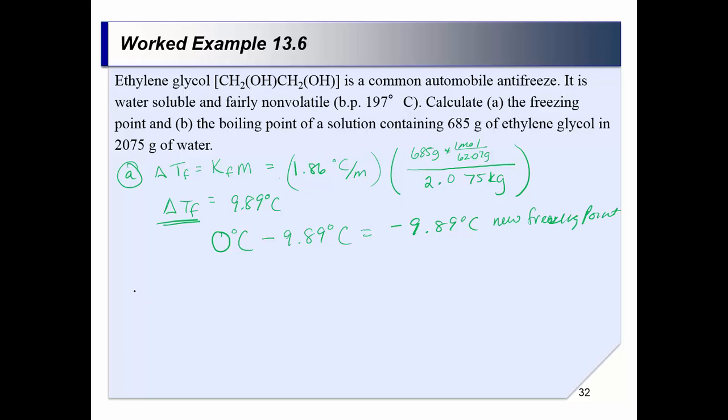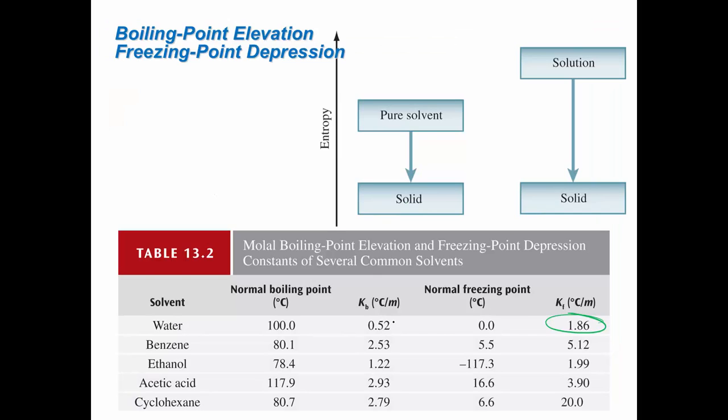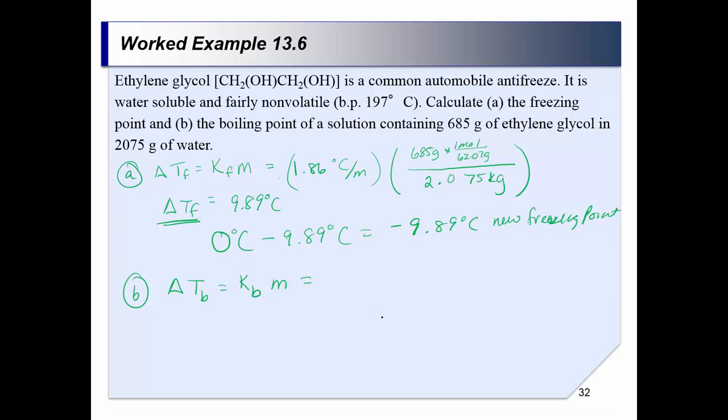So for B, if we're going to calculate the boiling point of this solution, then remember my delta T B is going to be equal to Kb times m, the molality. Go back to my table. Kb is 0.52, and the units for that are degrees Celsius per molal unit.